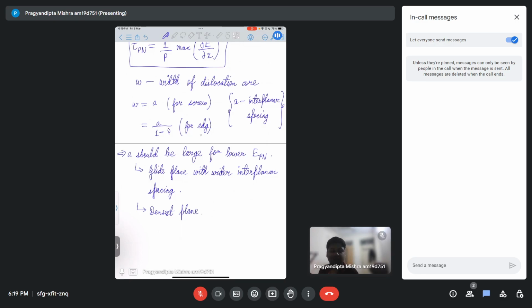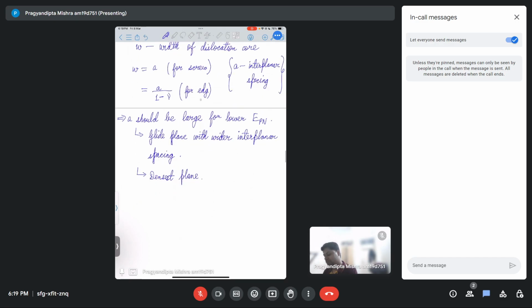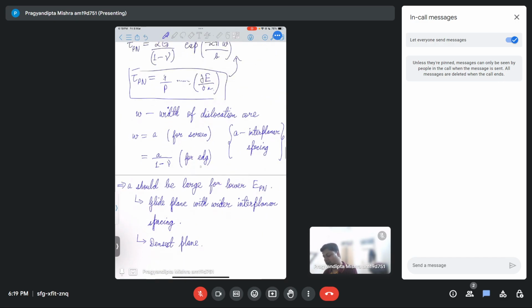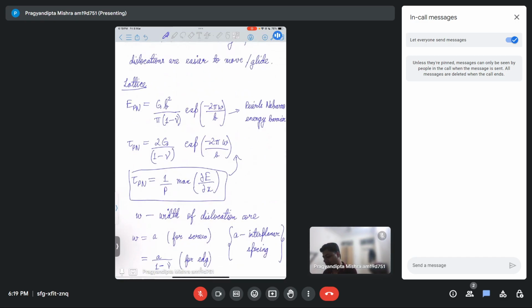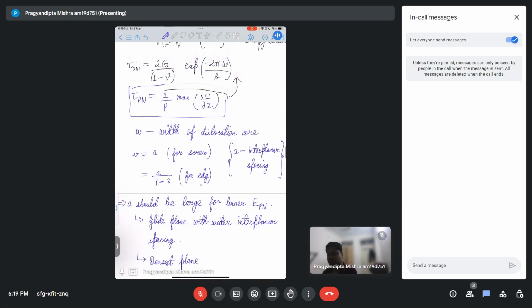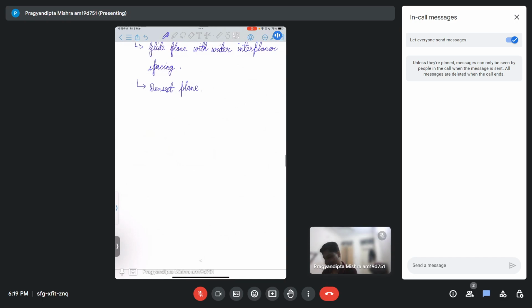Then only you'll have wider interplanar spacing, right? If it is the densest plane. Now, if you want to lower the Peierls-Nabarro energy or Peierls-Nabarro stress, then you can also have smaller B, right? B should be small.